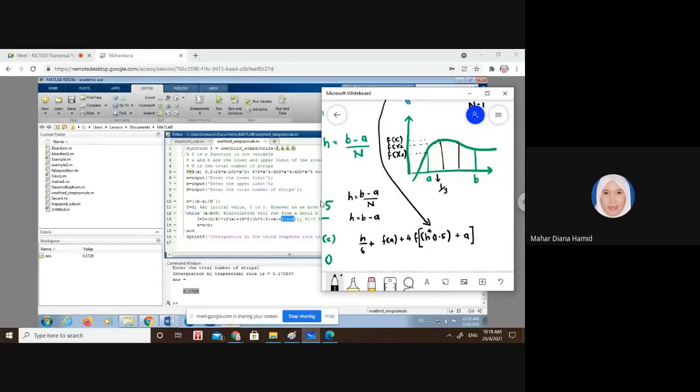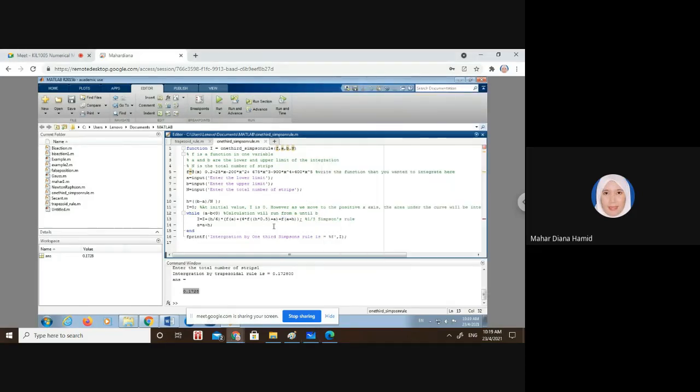And the width here would be 1/3 of B minus A. So if we refer back, this is actually 1/3 over 3 plus A.